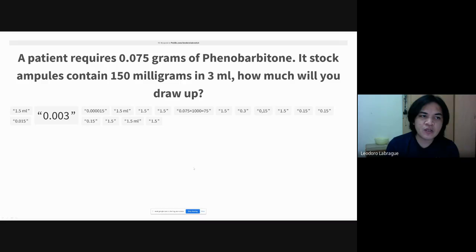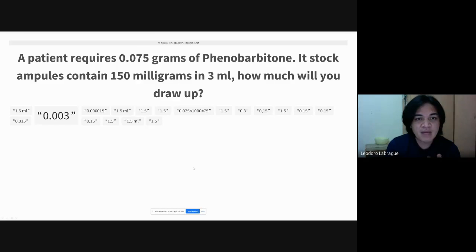The first thing that you need to do is to convert the grams into milligrams. You cannot divide the two because it has different metrics or units. So 0.075 multiplied by 1,000 because in 1 gram, there are 1,000 milligrams. So 0.075 is actually 75 milligrams.